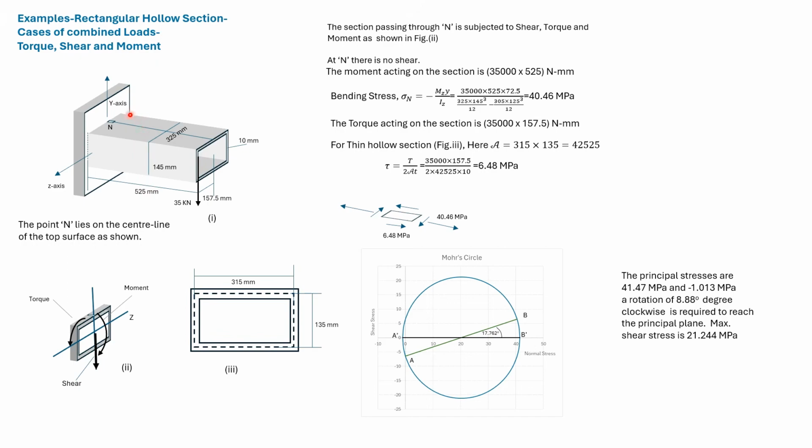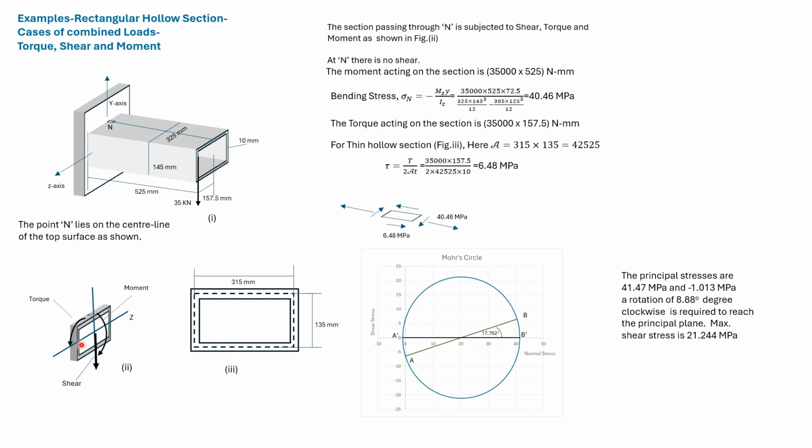The maximum stress will be at the base. We are required to find out the stresses acting at N. N will not be subjected to any stress due to shear. So it will be subjected to stress due to bending and due to torque.